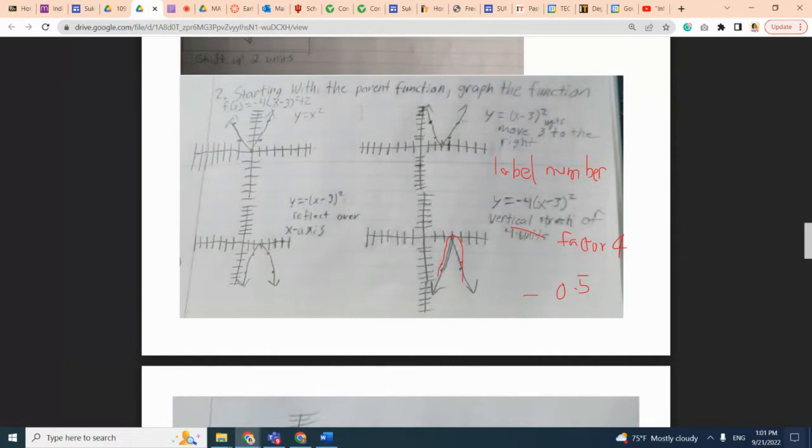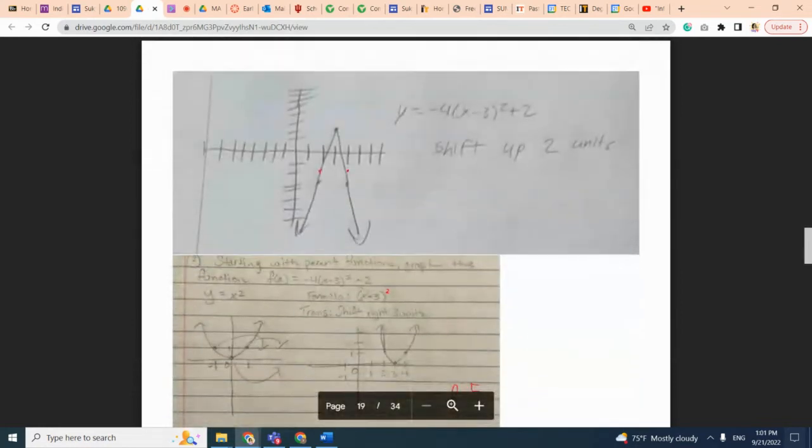And here, when you say vertical stretch, you don't say vertical stretch of 4 units, but a factor of 4. So you multiply by 4, you're not adding 4 or subtracting 4. Okay, so a factor of 4. And that's why this one is wrong. This should be 2 and negative 2, so not negative 3. Okay, so label them.